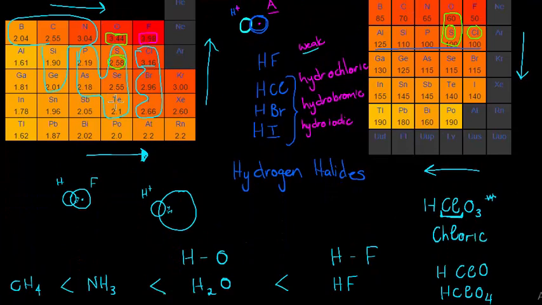The T stands for 3. So CO3 would be carbonic, NO3 would be nitric, PO4 would be phosphoric, SO4 would be sulfuric. Chlorine is ClO3, so chlorine and 3 oxygens will be chloric, bromine and 3 oxygens would be bromic, and IO3 would be iodic.